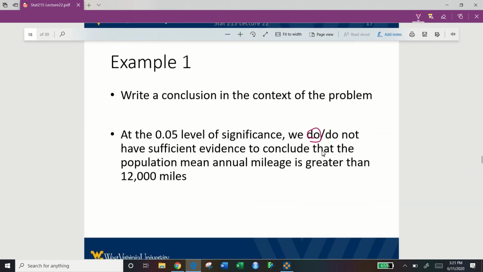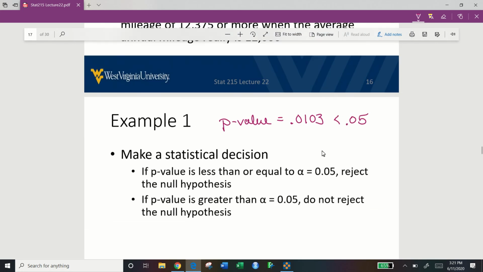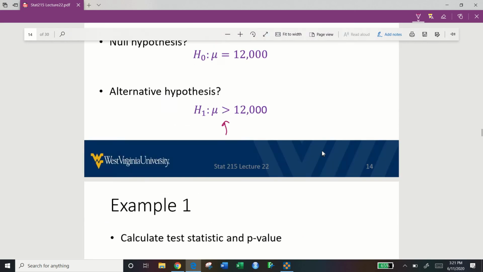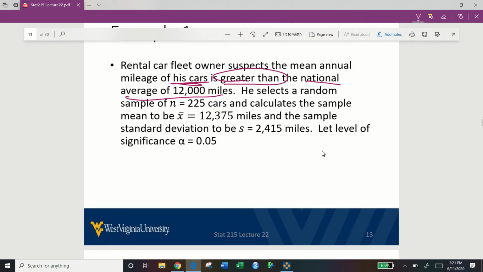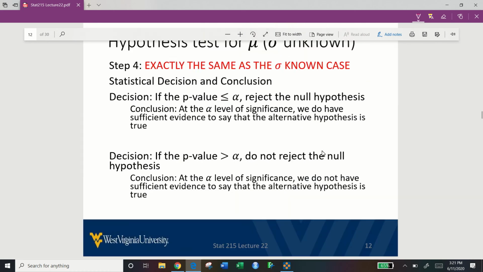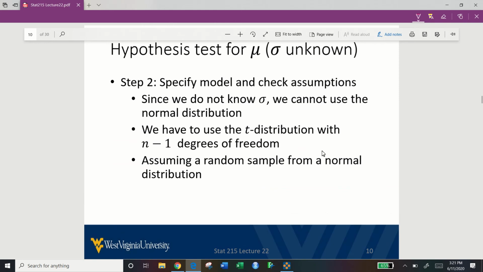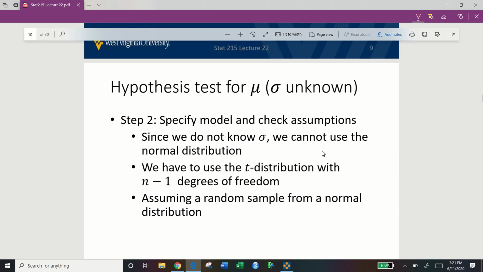Now, before we go on to example 2, I realize in this problem we did not address the assumptions. So at this time, let's scroll back up and review our assumptions for when we have sigma unknown. So first off, let us check.